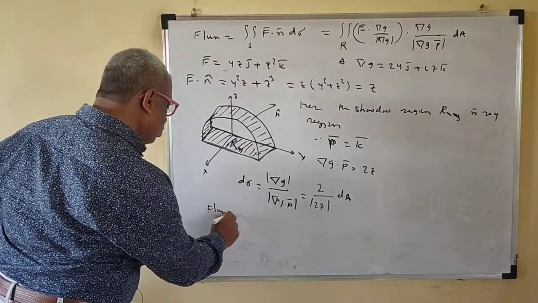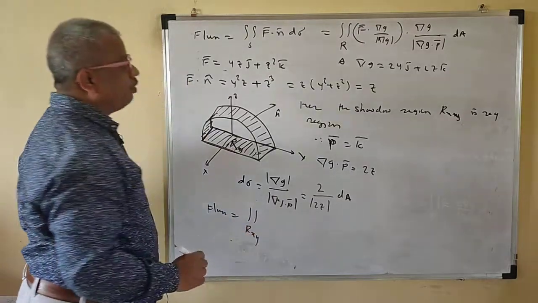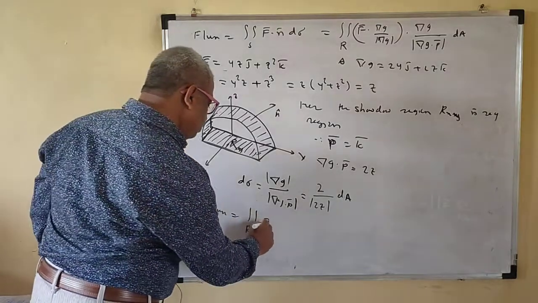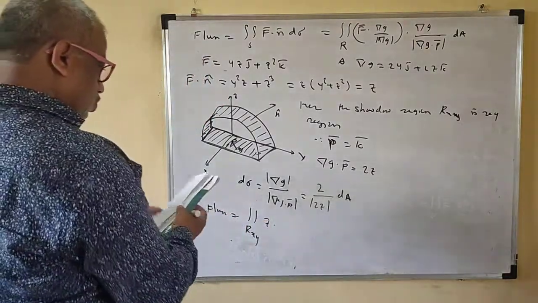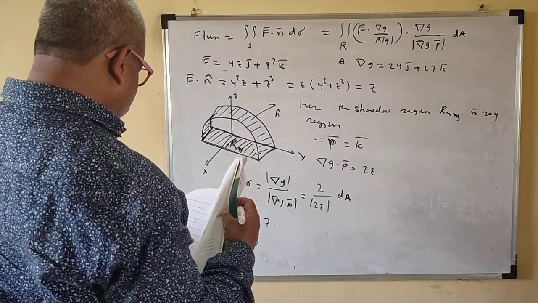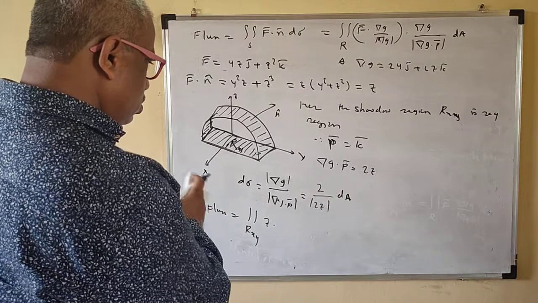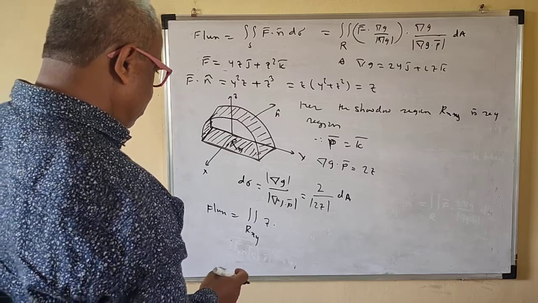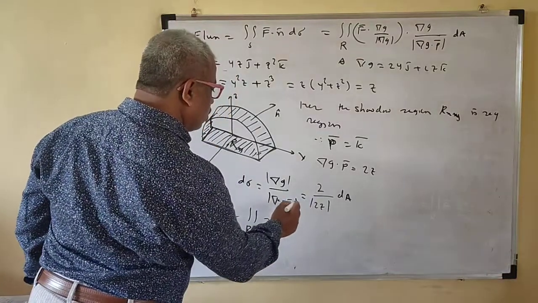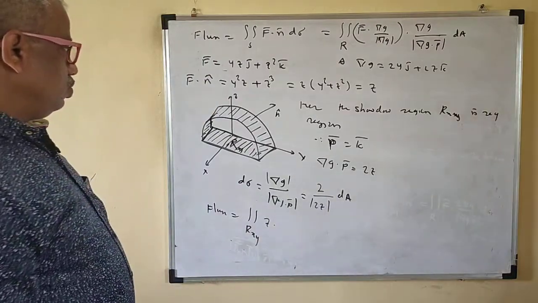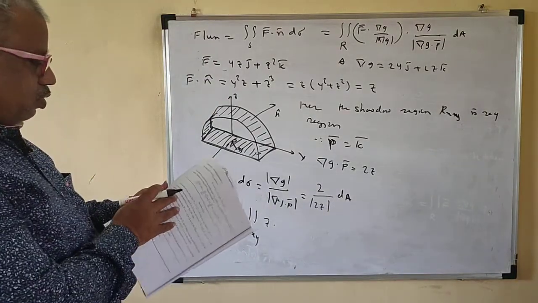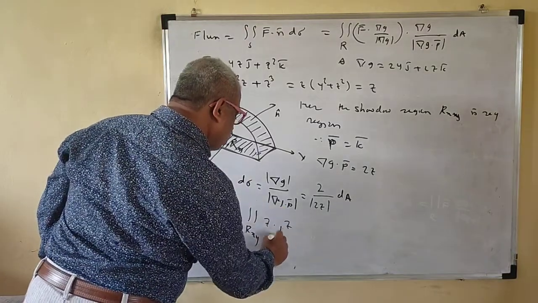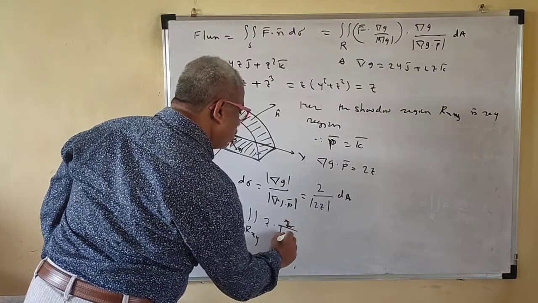Therefore, flux is equal to the integral over Rxy, your region is Rxy. Your F bar dot n cap is z, so z into 2 upon mod of 2z.